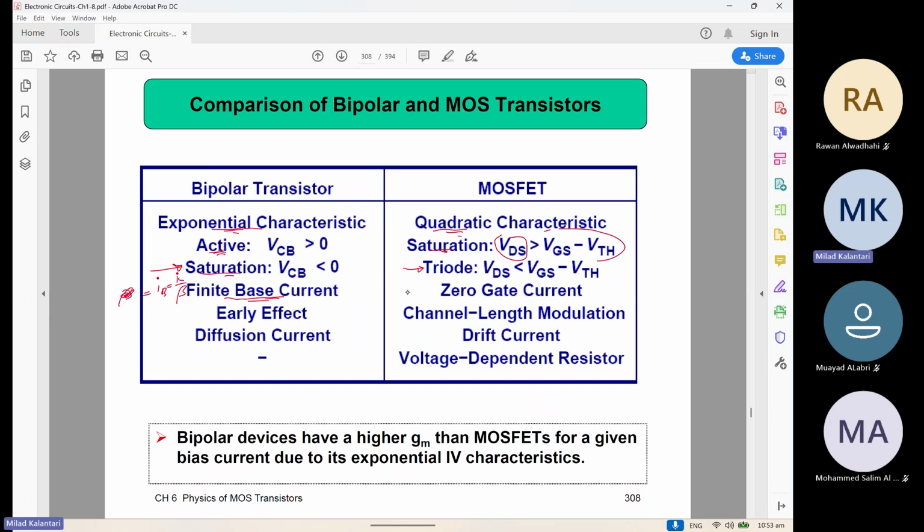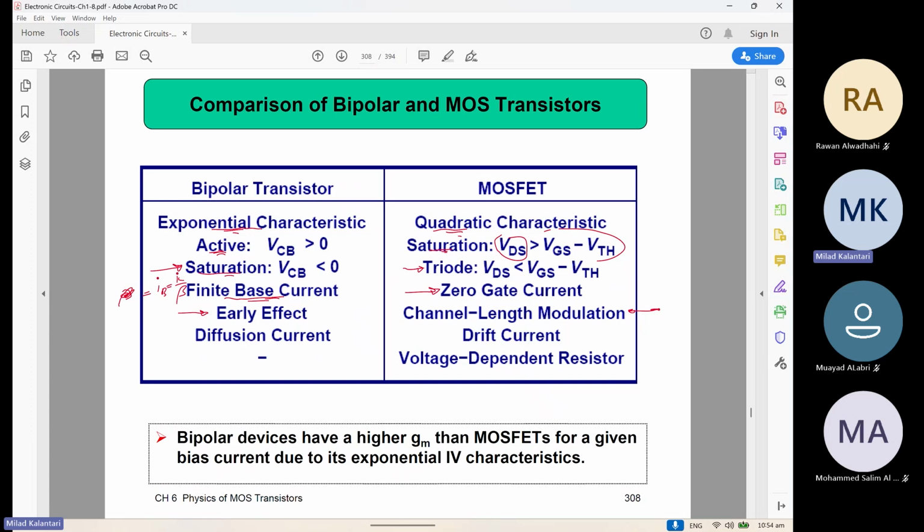But for the MOSFET, there is actually zero current from the input side, because there is an insulator. In the BJT, we have the early effect that shows up as the output impedance. The MOSFET also has an effect called channel length modulation that shows up as a limited output impedance.